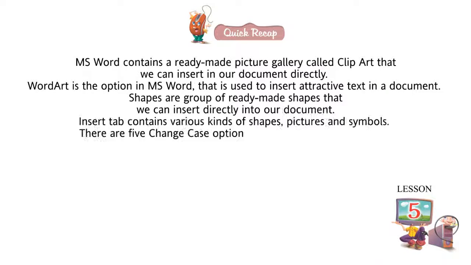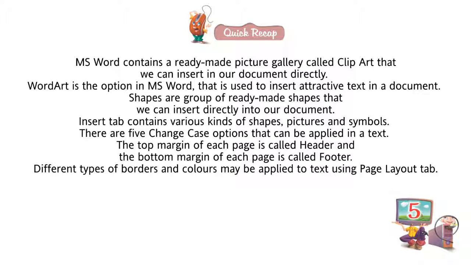Quick recap. MS Word contains a ready-made picture gallery called clip art that we can insert in our document directly. Word art is the option in MS Word that is used to insert attractive text in a document. Shapes are a group of ready-made shapes that we can insert directly into our document.